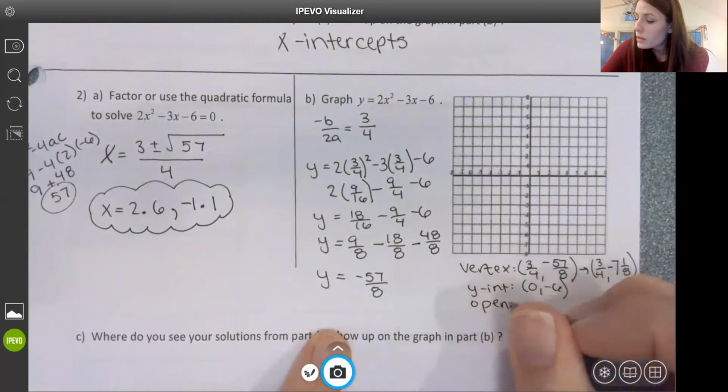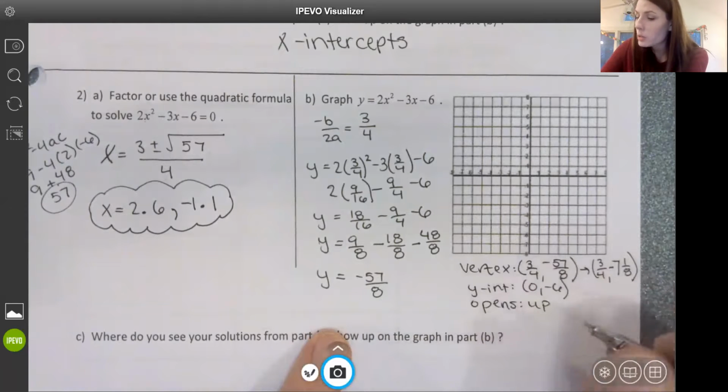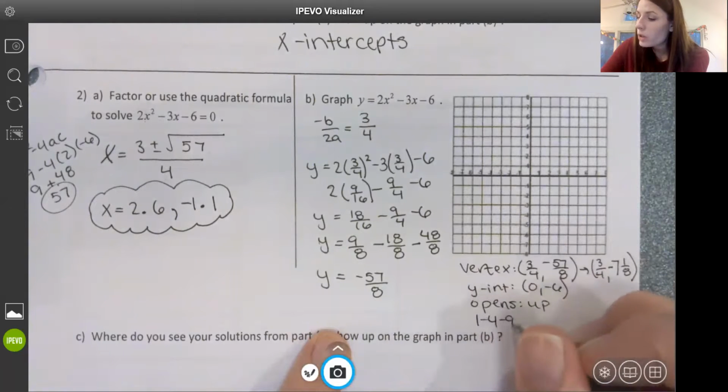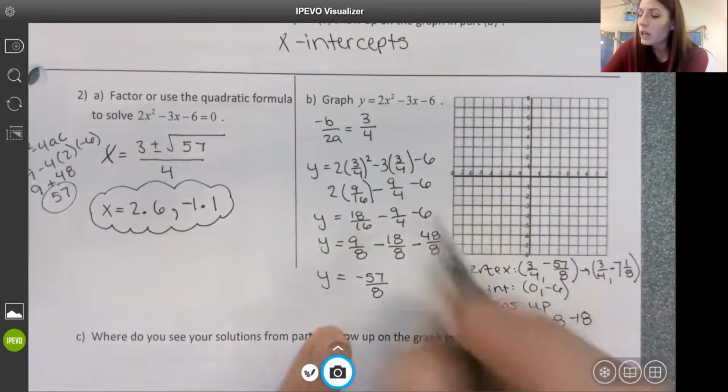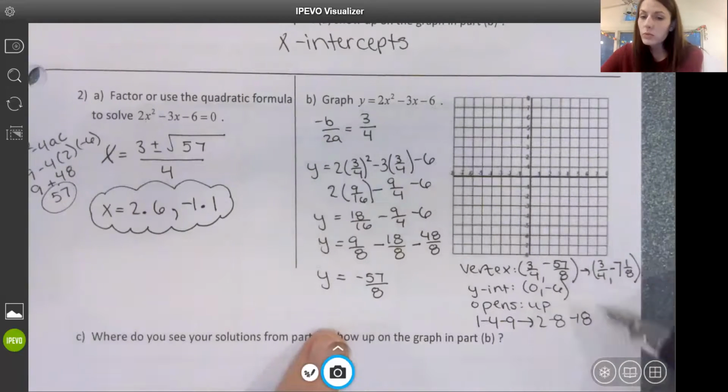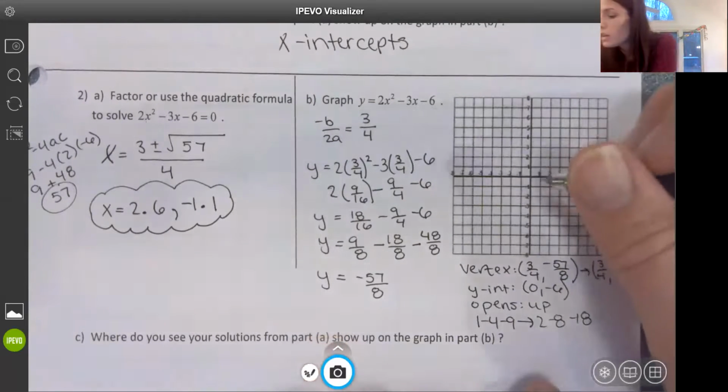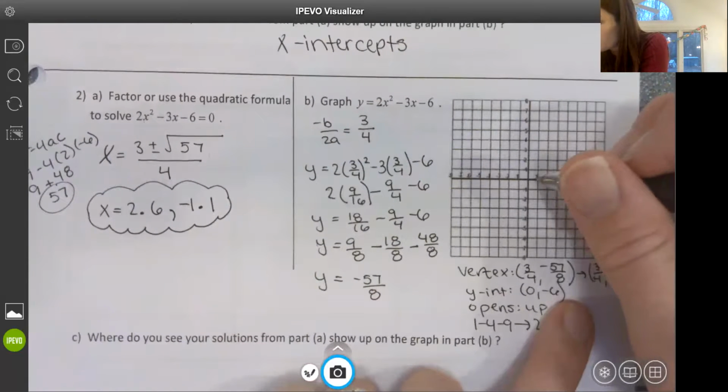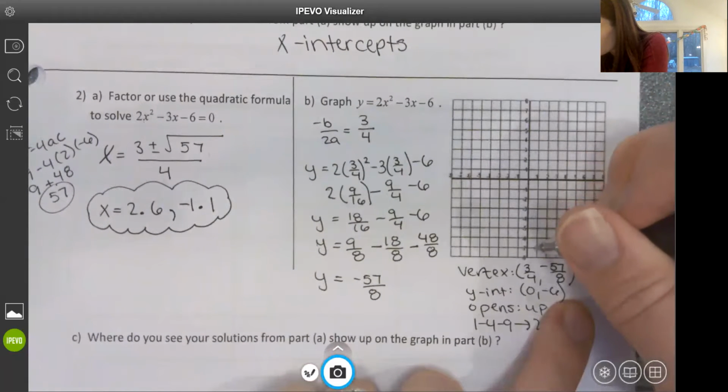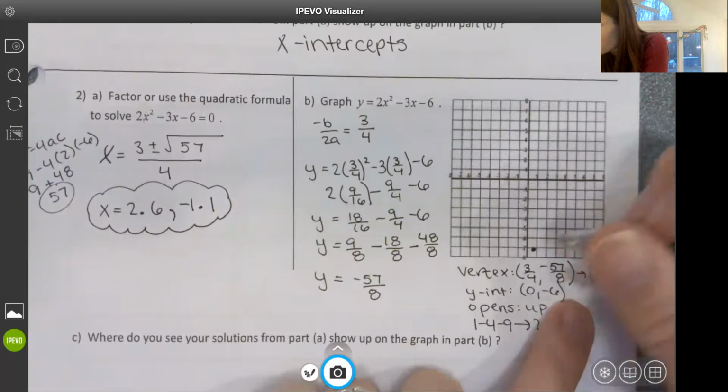It opens up because A is positive, and 1, 4, 9 would now follow 2, 8, 18, because our A value is 2. So graphing this as best we can, 3/4 and -7 and 1/8.